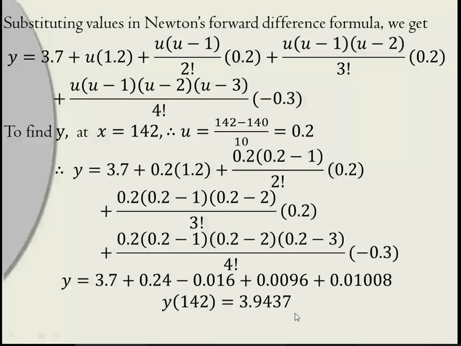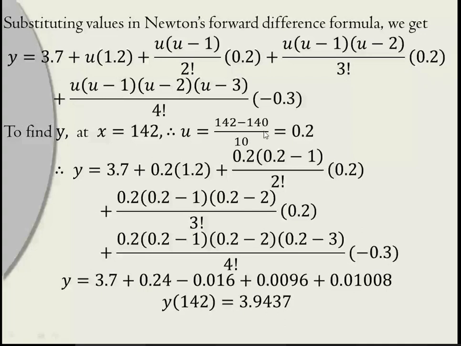Important is remembering Newton's forward difference formula and the table. From the table, we get all the values of forward differences: first forward difference, second forward difference, third forward difference. Then for forward difference, u will be x minus x naught divided by h.